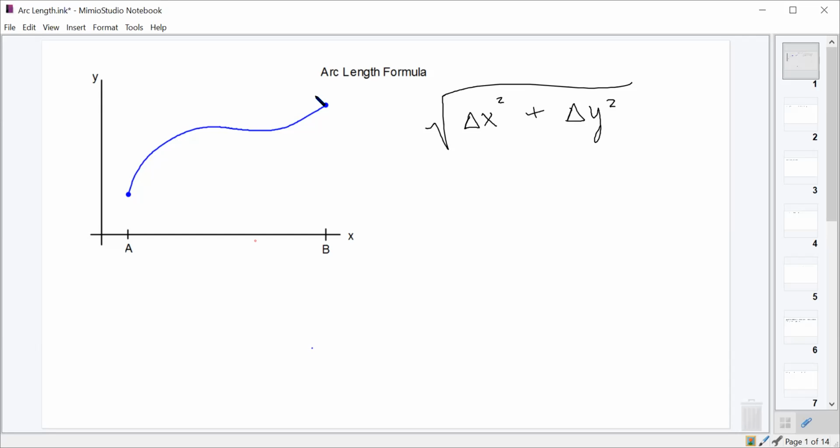That's kind of what we did with the areas of the rectangles. We said, let's make these rectangles as thin as possible and sum them all together. Let's make them effectively 0 and sum them all together. Well, if we were to effectively make the distances from one point to the next 0 and then sum together all of those distances, we should end up getting the exact length of the curve.